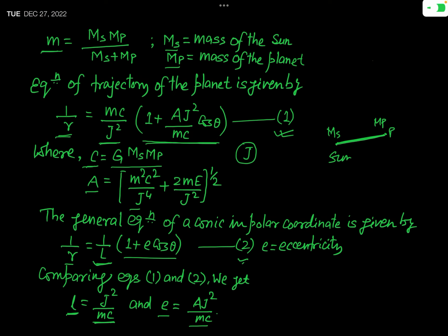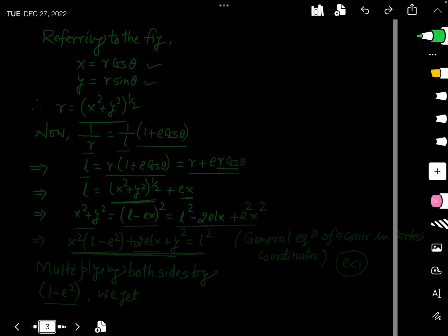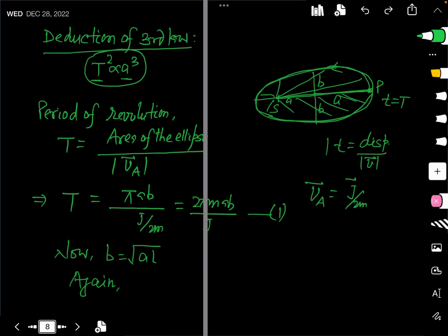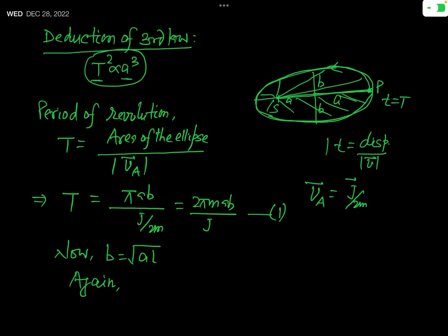Now, if B is equal to root over AL, then B square will be equal to what?